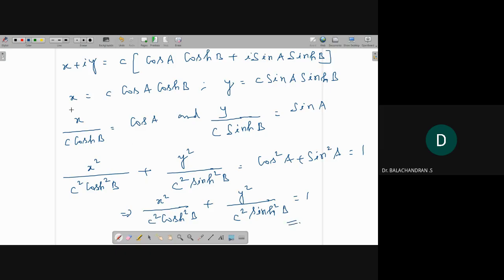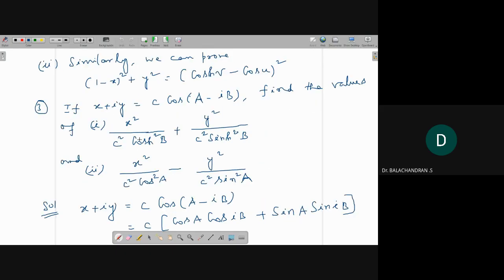So similarly, from these two relations, the denominator here is circular functions, and here we have minus.